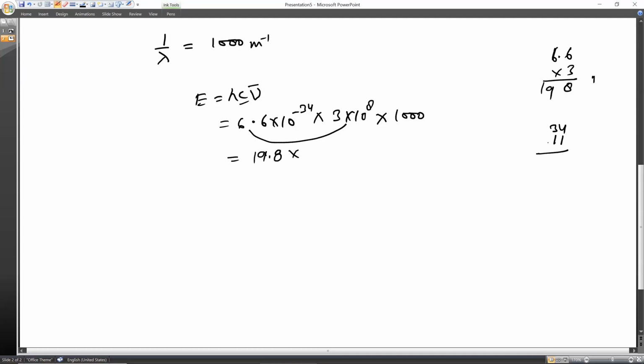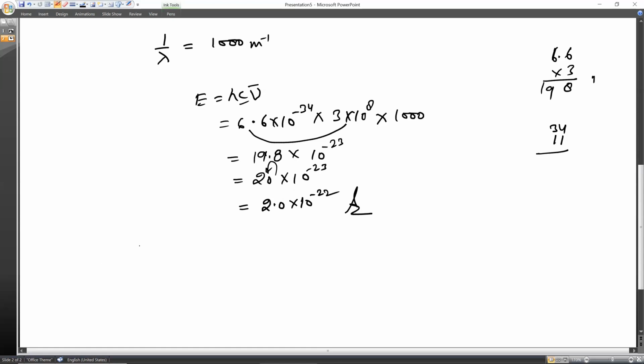That will be minus 23. Got it? 19.8 can be approximately equal to 20. If the question is given to you, 20 into 10 power minus 23, and this will be equal to 2.0 into 10 power minus 22, if you put the decimal one place before. Got it?